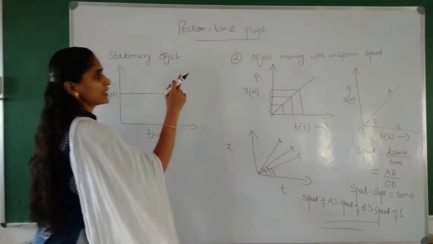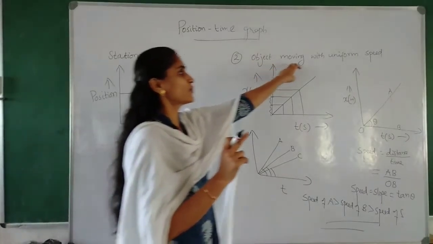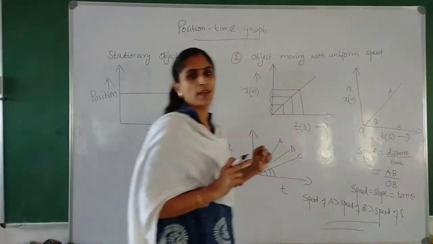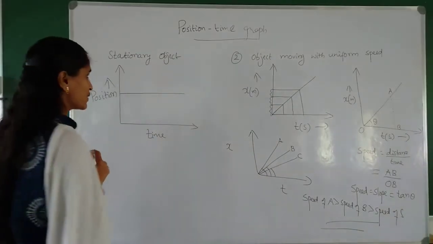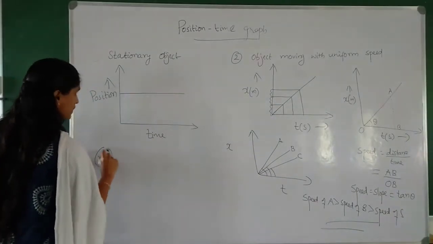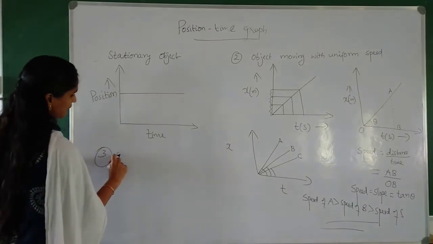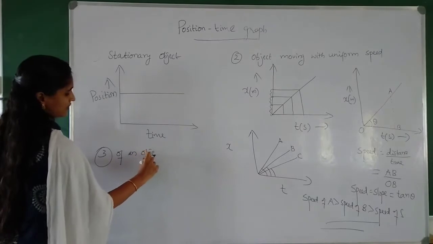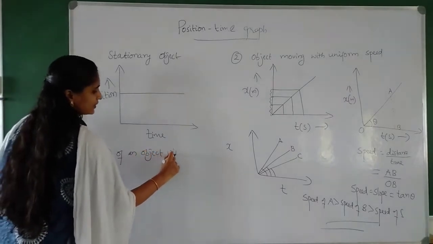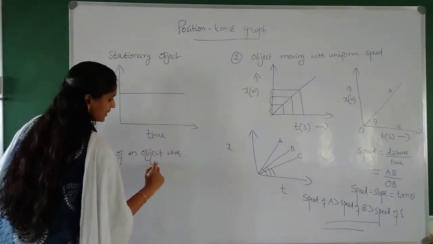Okay, so this is the position time graph of an object moving with uniform speed. Now what will be the case if it is moving with uniform acceleration?